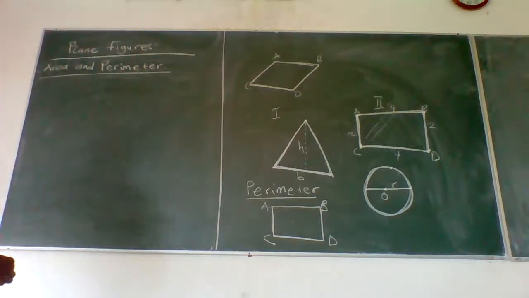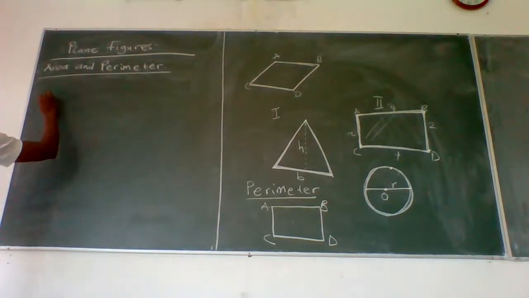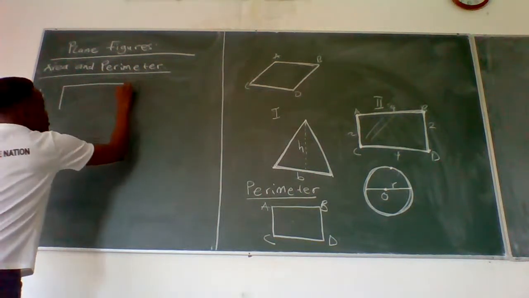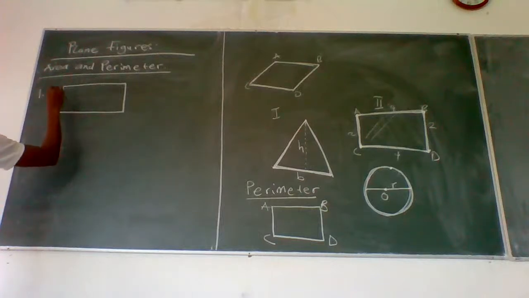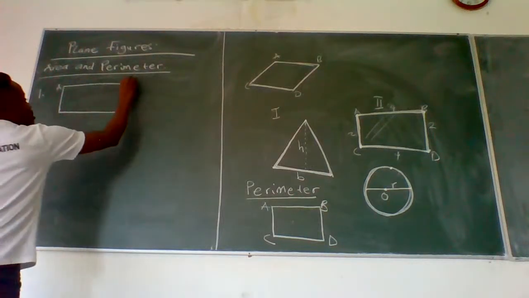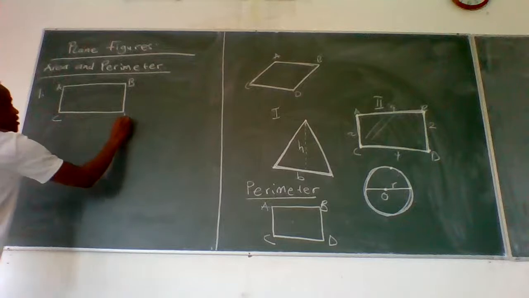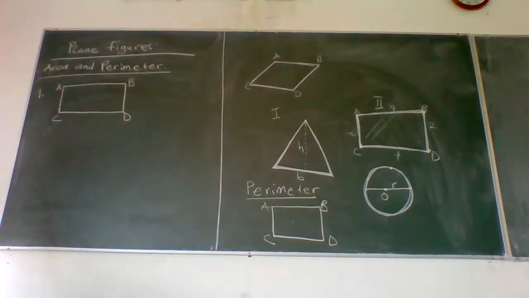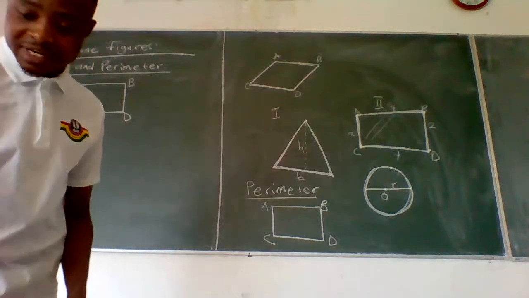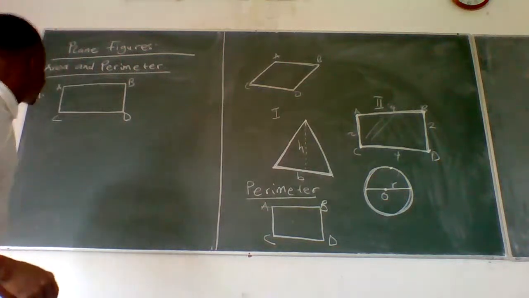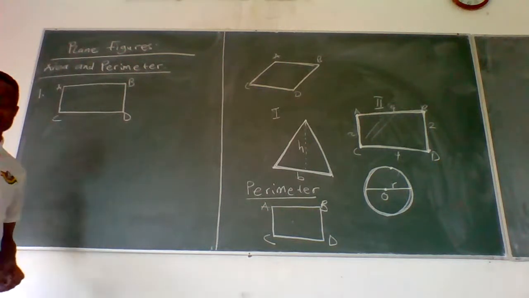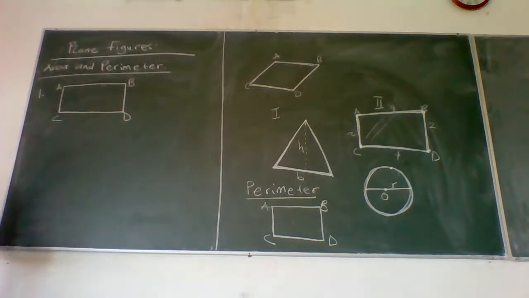So I will start with a rectangle. So you have this rectangle. And then don't forget, as I mentioned earlier, we have this property of a rectangle that two opposite sides are equal.